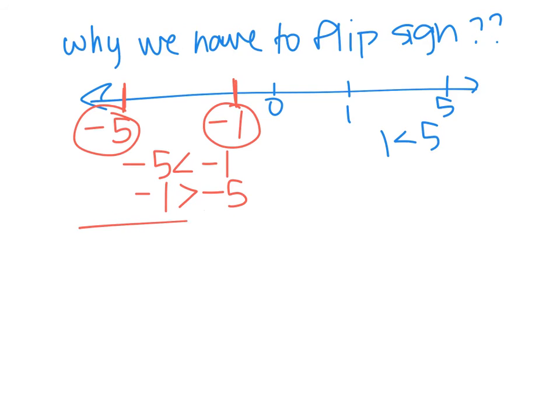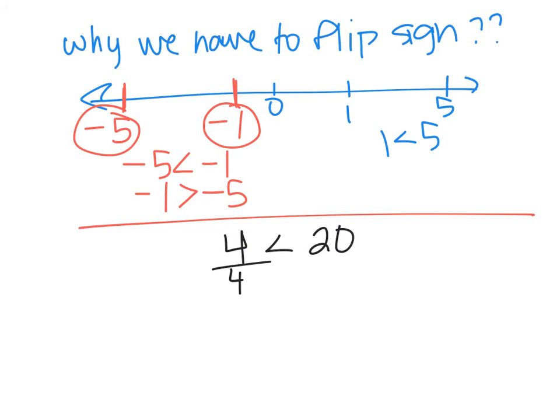So here's how that works when we're using an equation. If I write the original inequality, 4 is less than 20, and I divide by 4 on both sides, I get 1 is less than 5. This started true and it ended true.